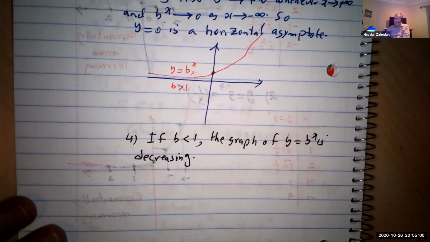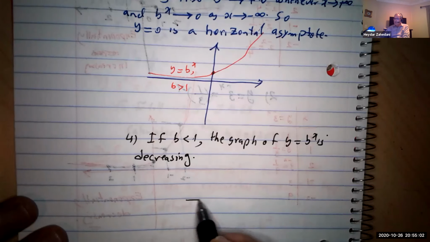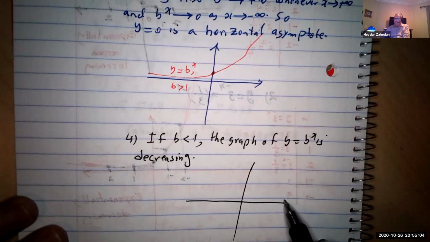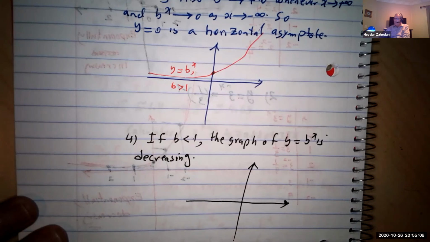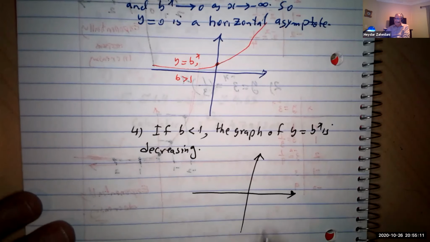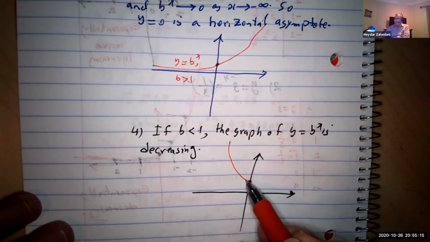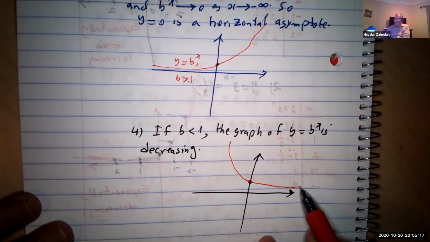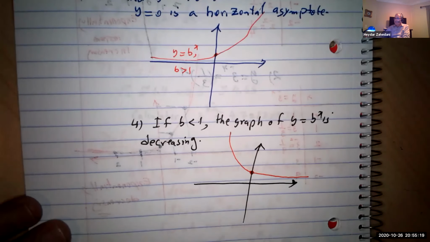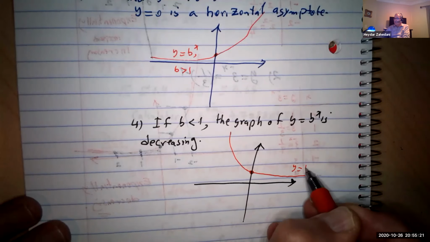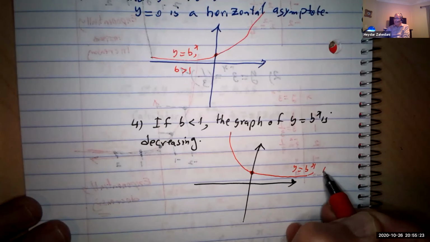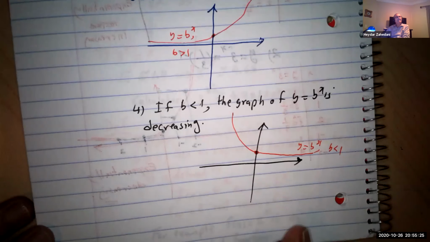Okay, everything else is going to be the same. So we get the 1, and it's coming down. So this is going to be y equal to b to the x when b is less than 1.